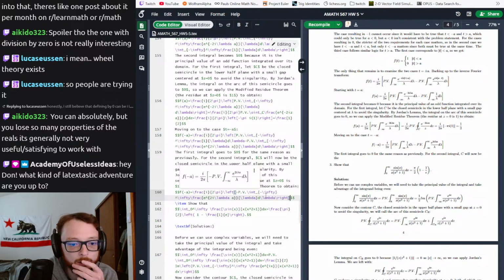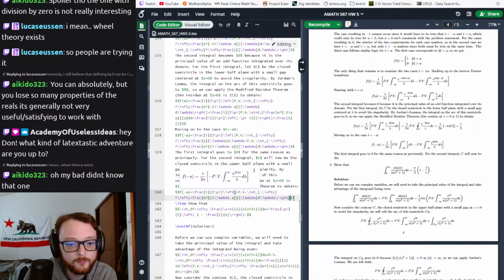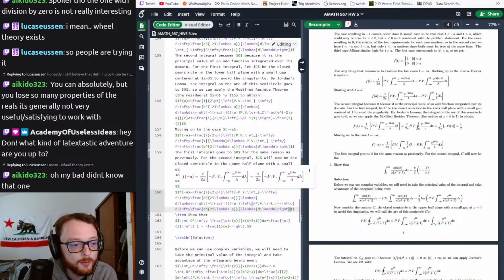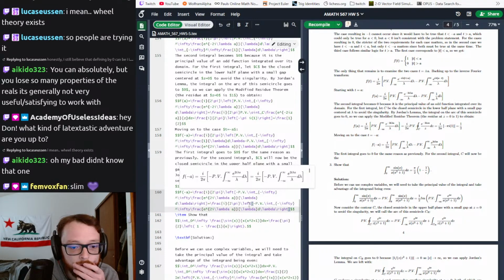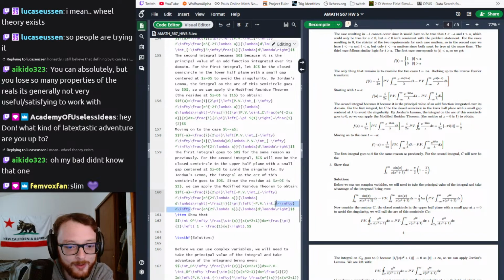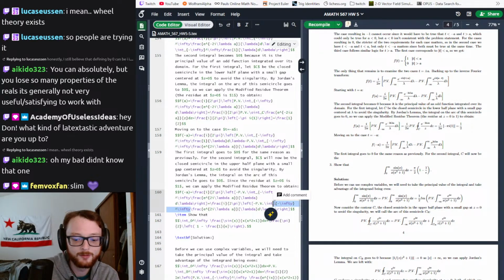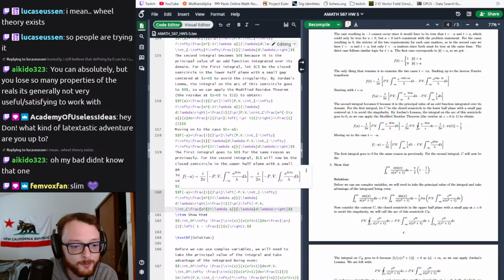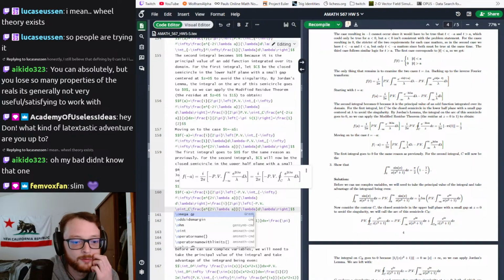Oh no. I just forgot what I was doing. God, LaTeX is so hard. The more I use LaTeX, the less I like it. It's so hard for a human to read it.